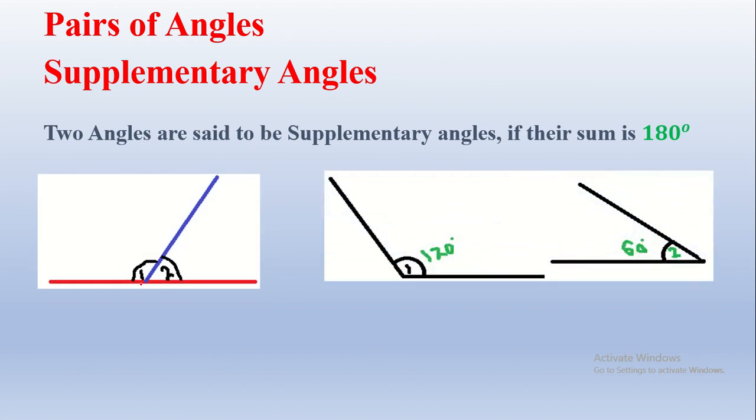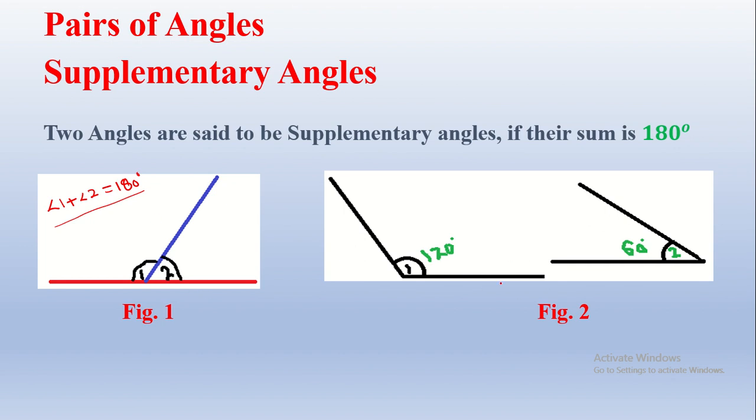As we can see in figure 1, the angles are adjacent, angle 1 and angle 2, and their non-common arms are forming a straight line, and the measure of a straight line is 180 degrees. So we can say angle 1 plus angle 2 is equal to 180 degrees. Thus, we can say angle 1 and angle 2 are supplementary.